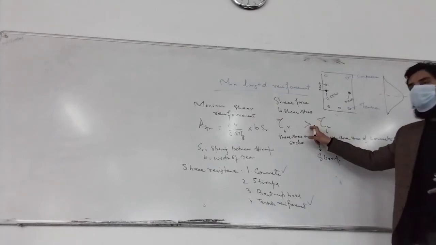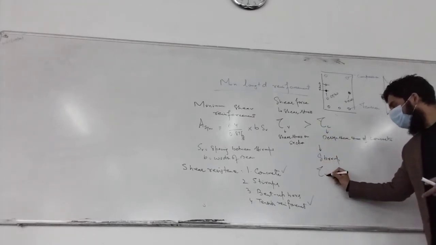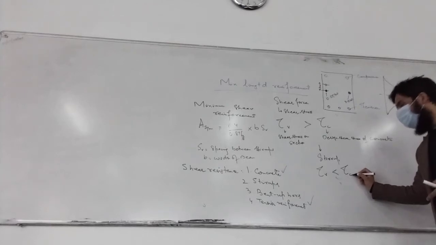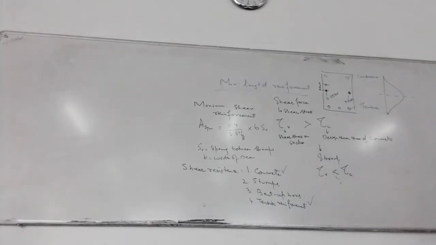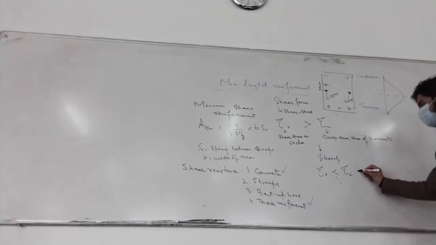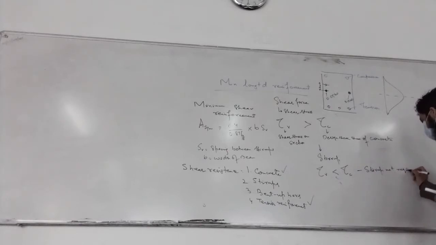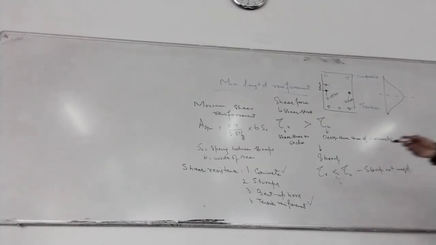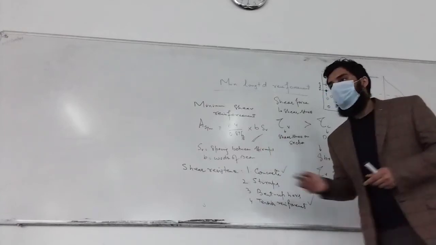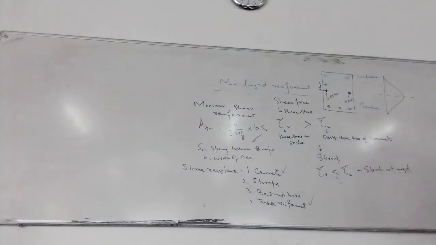Now if this is less, अगर उल्टा है, if tau v is less than tau c, you will say you do not require stirrup then. Stirrup not required. But we still provide minimum shear reinforcement, जो हमने अभी लिखा है इससे पहले. Why do we still provide the minimum shear reinforcement?